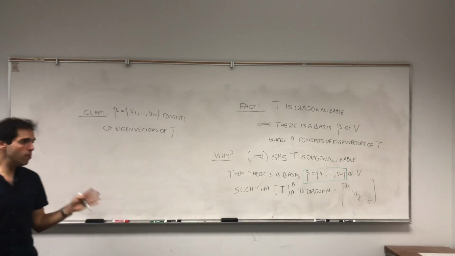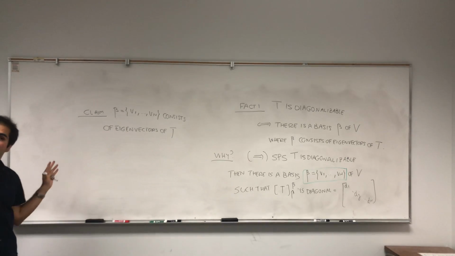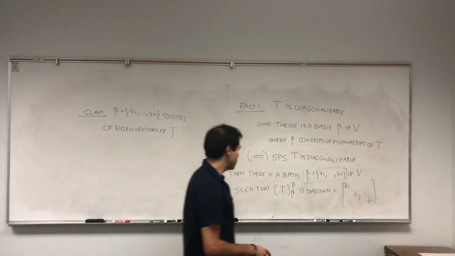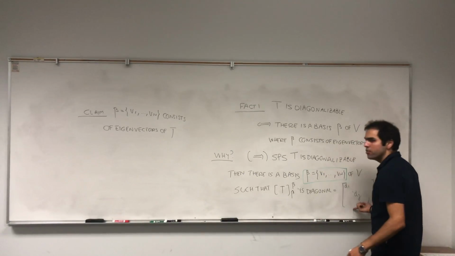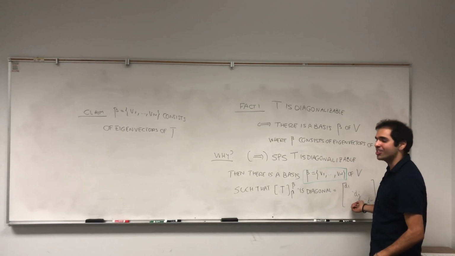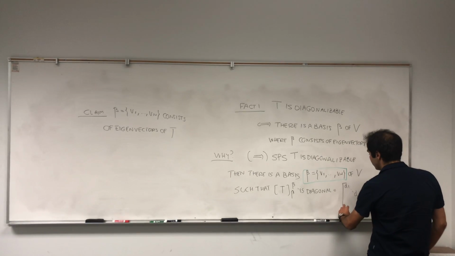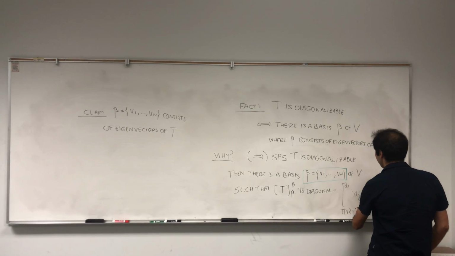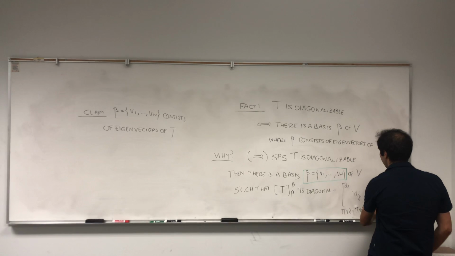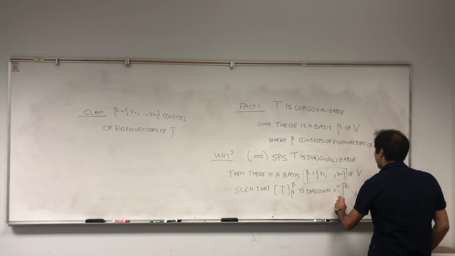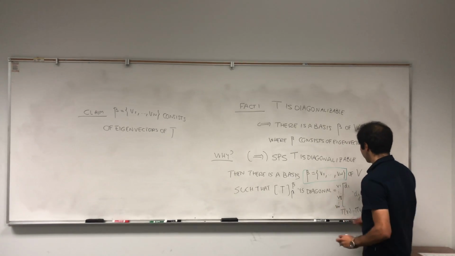Because so far we don't know that we have eigenvectors, but let's just remember how to define the matrix of a linear transformation. What this means is that to find a matrix of T, you evaluate T at every basis vector, T of v1, T of vj, T of vn, and you express it in terms of v1, vj, up to vn.